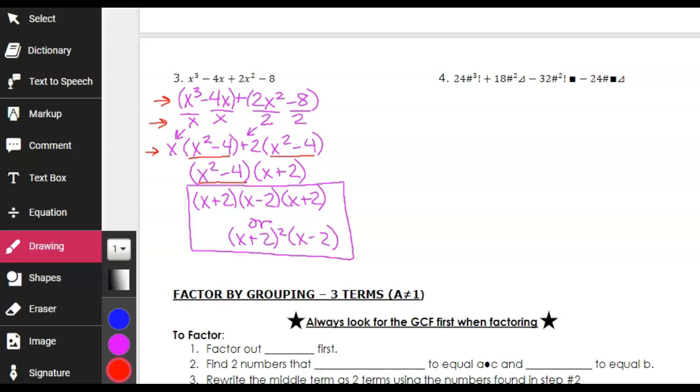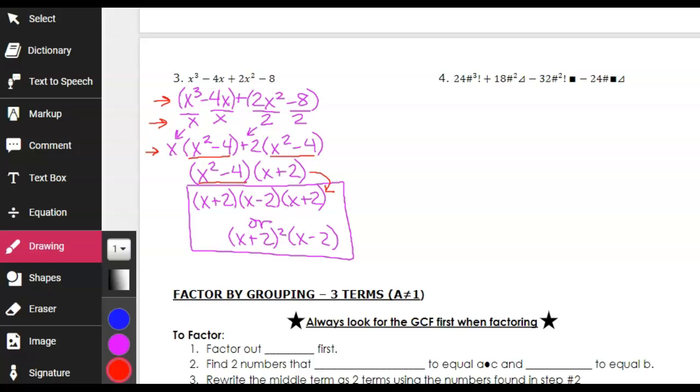Now, perhaps you didn't see this, but perhaps you did after the conversation in number 2, that x squared minus 4 is another difference, so subtraction sign, difference of 2 squares, the x squared and the 4. So that can be broken up into x plus 2 and x minus 2. And of course, multiplied by that other x plus 2.